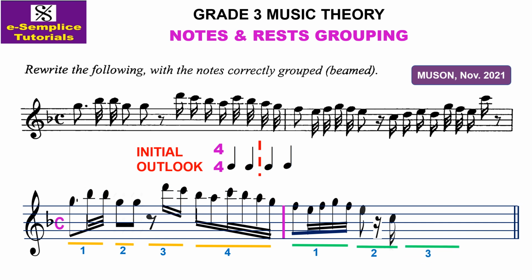Beat 3, beat 4, so with these we have grouped the notes correctly. Let's move to another question.